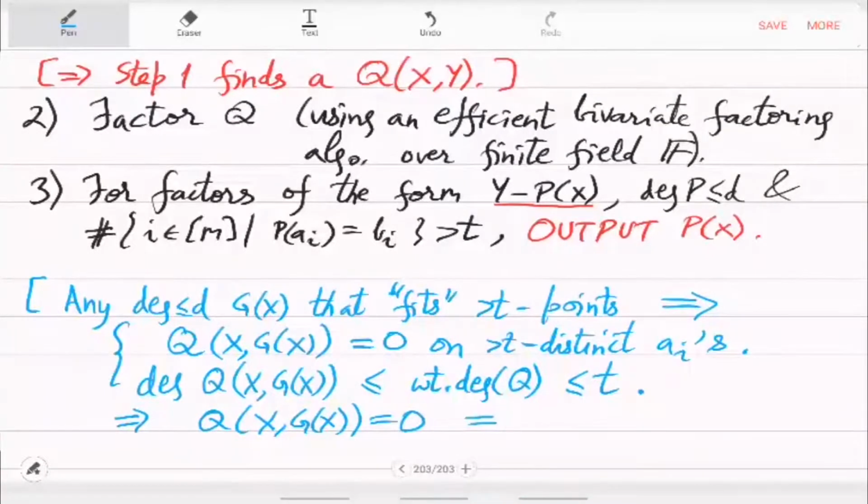Which means that y minus G(x) divides Q(x,y).